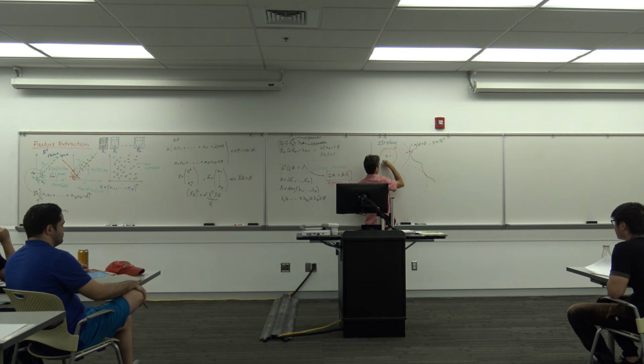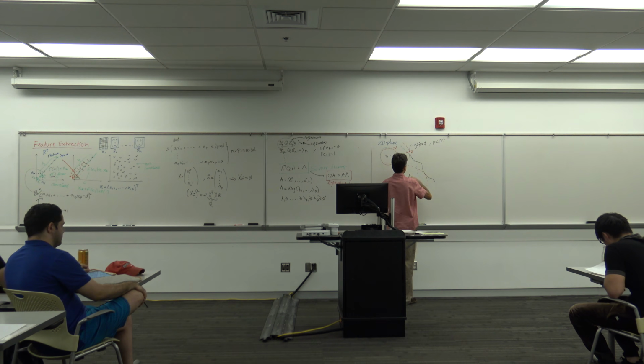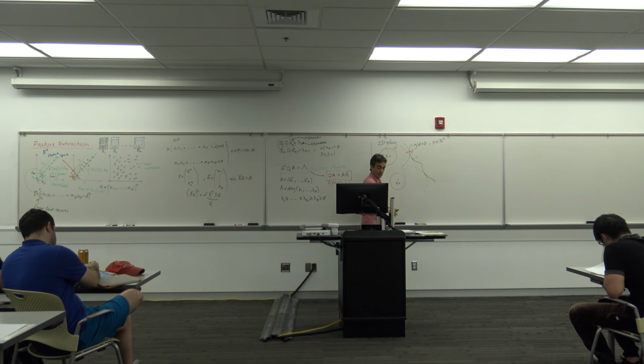So if I combine these two, I'll get this ellipse. And I do the same thing. I keep growing the ellipse until it's tangent to some point P here. And what does this mean? It means that this gradient and that gradient are exactly the same. That's what this means.